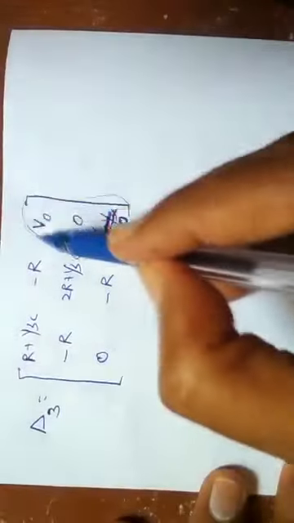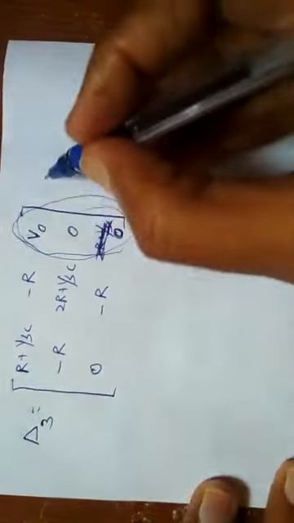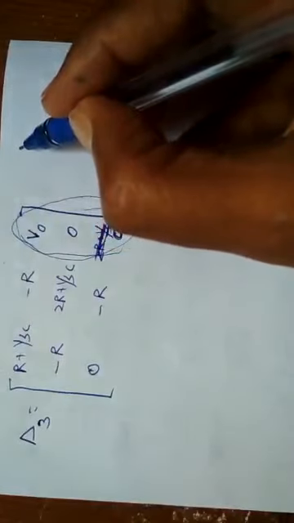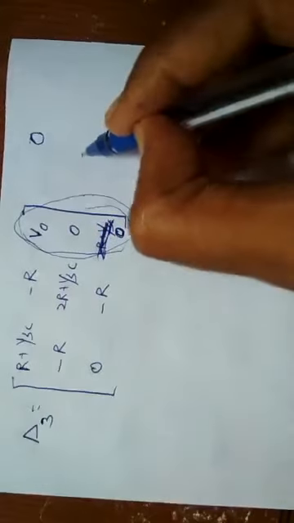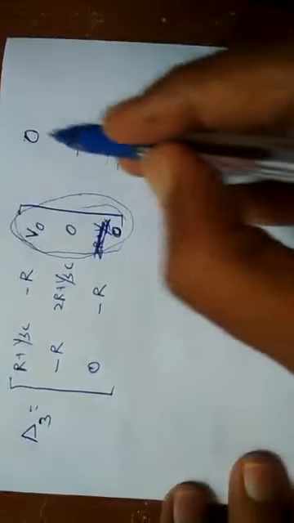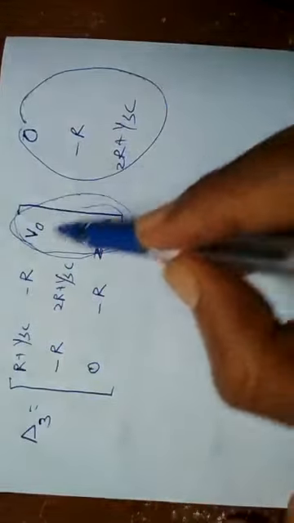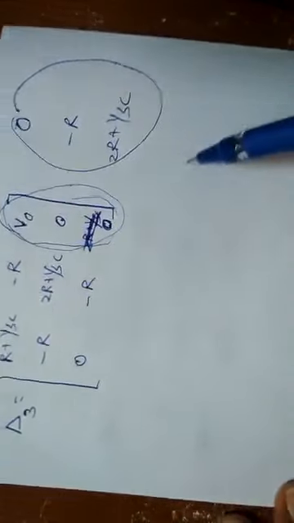So the third column in the matrix is replaced. Actually it was, in the first matrix, if you see the first matrix, it will be 0, minus R and 2R plus 1 by SC. But instead of this, the column has been replaced by V out, 0 and 0, the potential values.